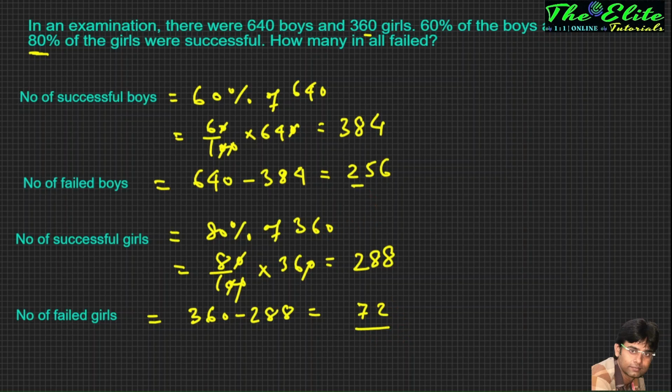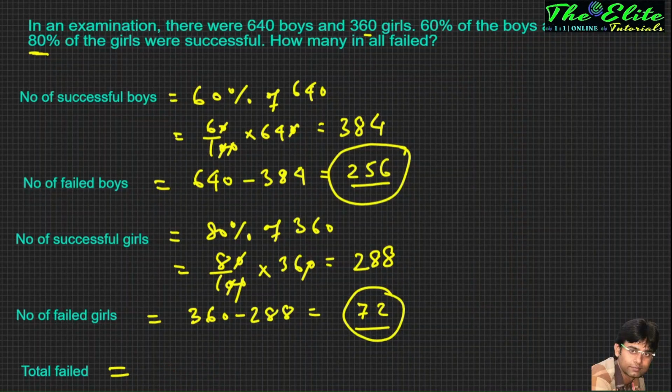From here, 256 boys failed. Now the question is how many in all failed? So you have to add these two numbers, the number from the boy side and the number from the girl side, to get your final answer. 256 plus 72: 2 plus 6 is 8, 7 plus 5 is 12, 1 and 2 is 3. 328 is your final answer.